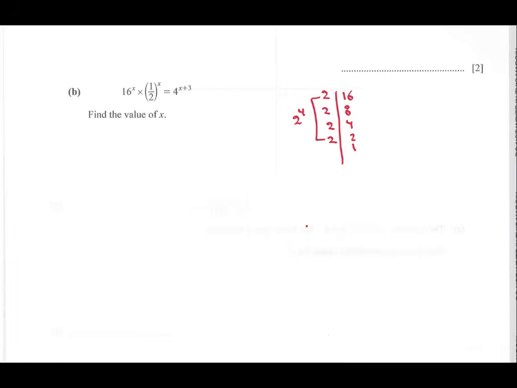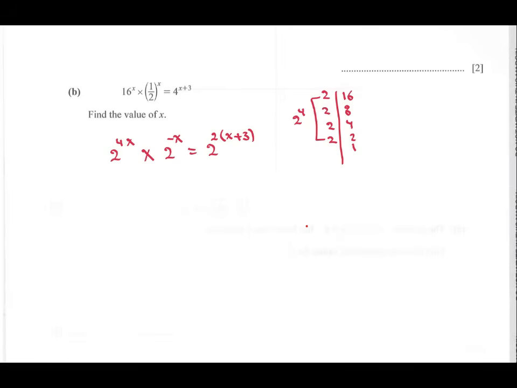We can write 16 as 2^4, to the power x, times one half, which can be written as 2 to the power negative x, to find the reciprocal of a half. The reciprocal of a half is 2, and we change the sign of the power. It will be 2^(-x). 4 is 2^2, times (x + 3). Beware of the bracket. If you forget the bracket, you will forget to multiply 2 by 3.